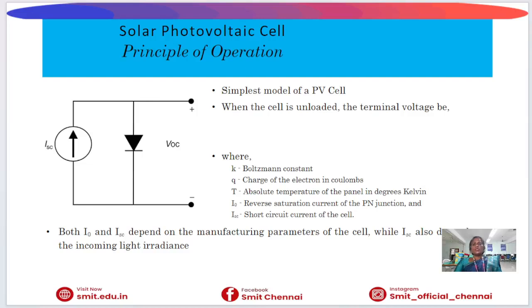The reverse saturation current and short circuit current depend on the manufacturing process and solar irradiance. This mathematical model helps in analyzing and predicting the performance of PV cells under different operating conditions.